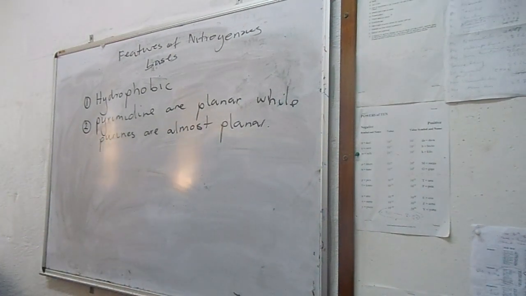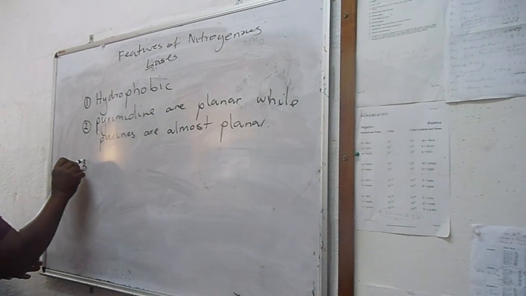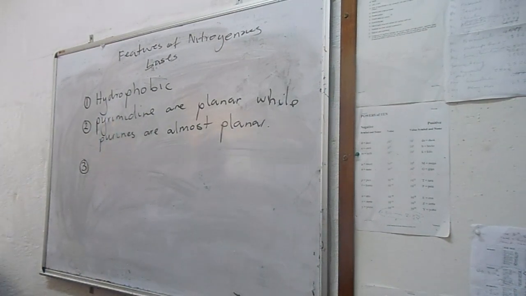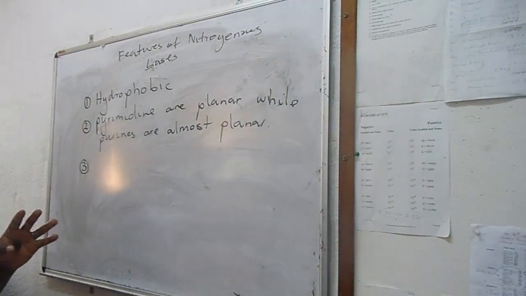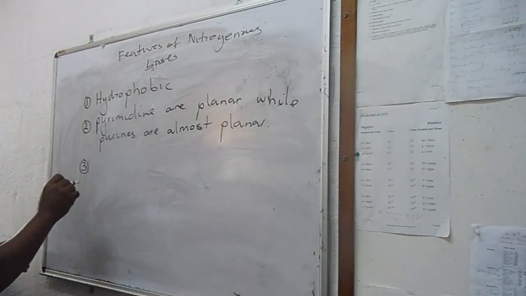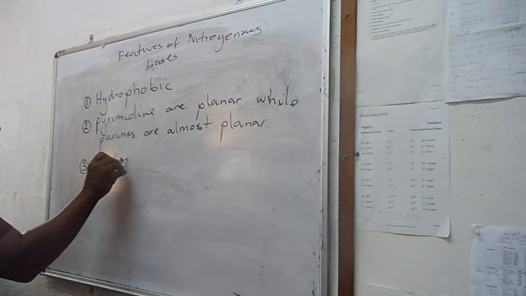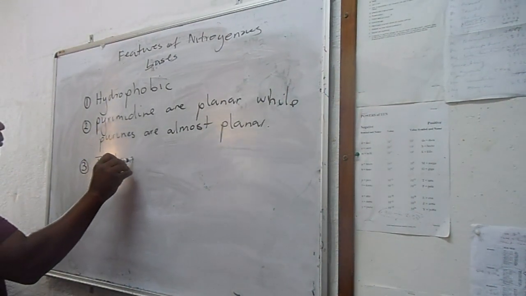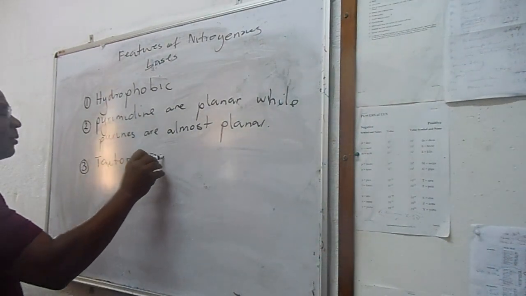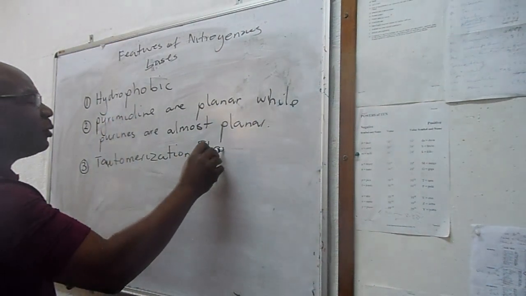Thirdly, both the purines and pyrimidines can undergo the process known as tautomerization, the formation of tautomers.